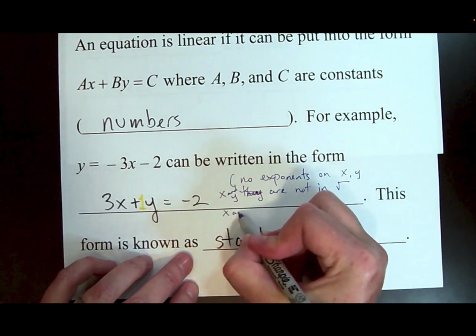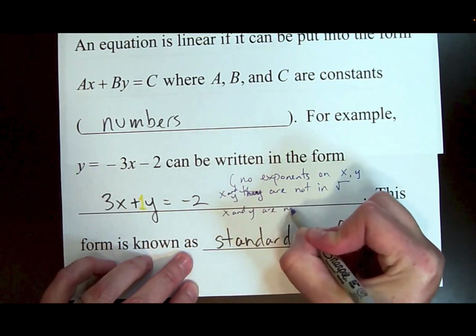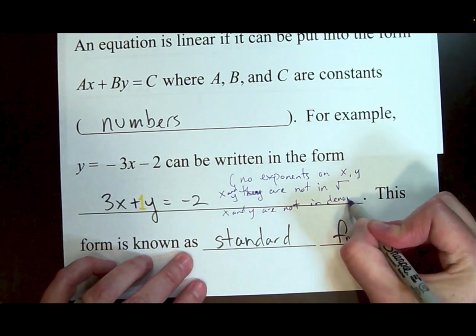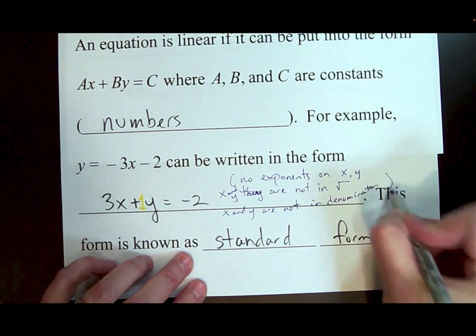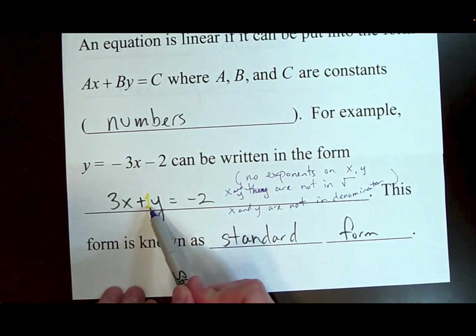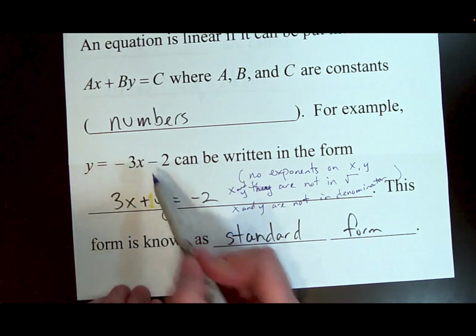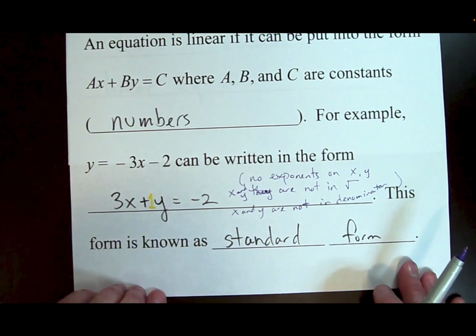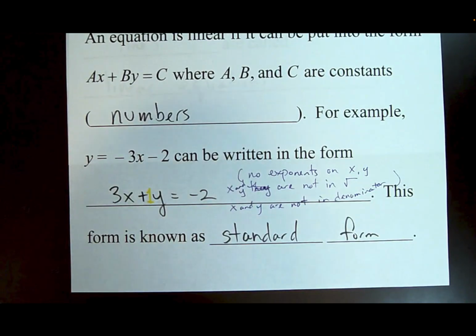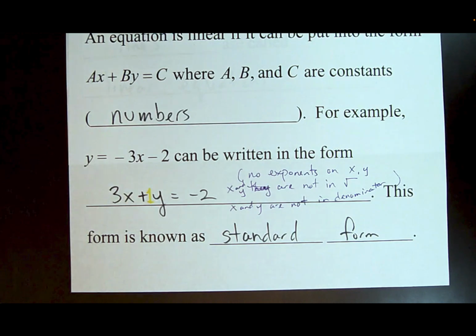Also, x and y are not in a denominator. Okay, so there's nothing happening to the x and y except that they have numbers multiplying them, and they're being added and subtracted. Okay, that's the type of equation that's linear. So you can pretty much tell it at a glance because there's nothing happening to the x and y other than they're being multiplied by numbers, and then there's addition and subtraction going on. Okay, so that's standard form.